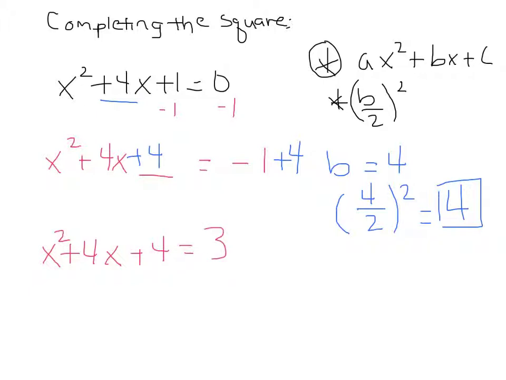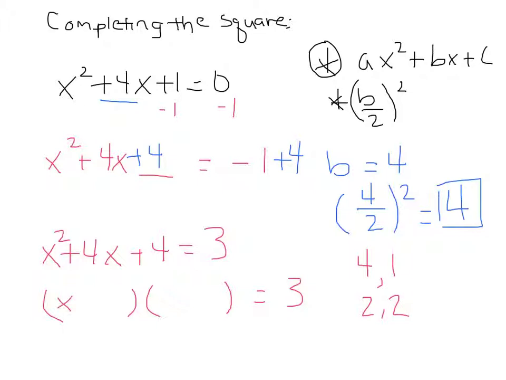Now, here's what makes life really easy. We can now easily factor this into two binomials. So what two numbers multiply together to give me 4 that also add up to 4? So I think of my factors of 4. Well, 4 and 1, 2 and 2. Well, I know that 2 times 2 is 4, and 2 plus 2 is 4.